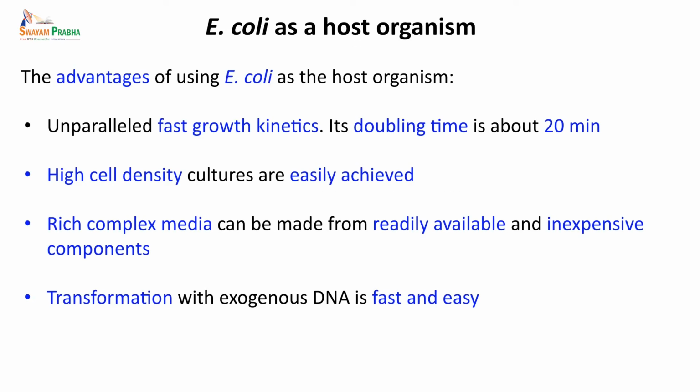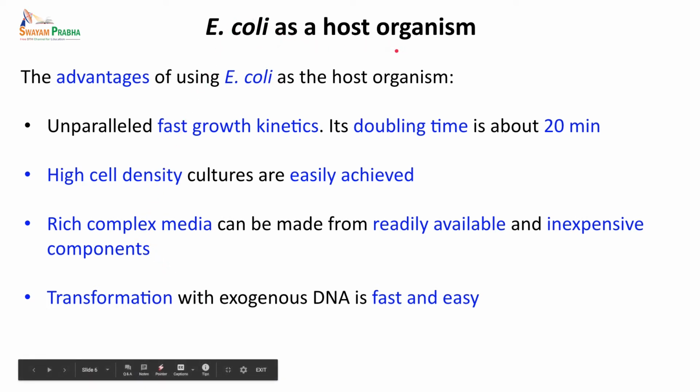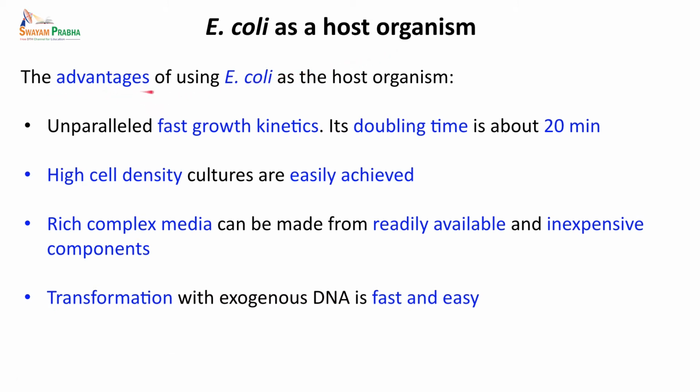So let's first talk about the E. coli expression system, which is one of the most widely used expression systems to date. And the reason E. coli is so popular as a host organism for protein production is because it has a number of advantages. So let's see what those advantages are.